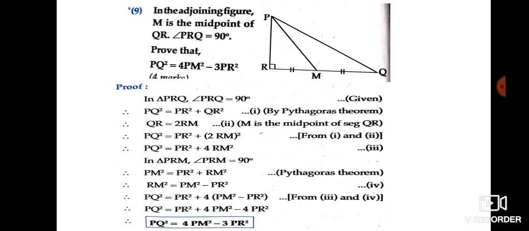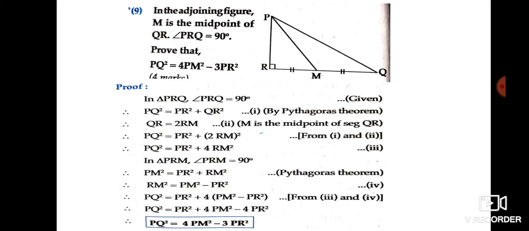Okay, next sum here, the 9th sum, very important sum. Look at the figure here. In the figure, M is the midpoint of QR. Here you can see that QR is over here and M is the midpoint. So we can say that QM and MR are congruent. And angle PRQ is 90 degree.